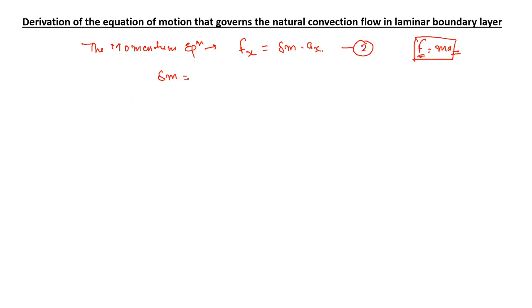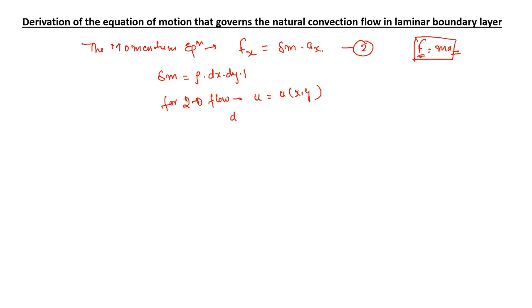Delta m is equal to density into volume, which is the elemental volume dx dot dy dot 1, for 2D flow. For 2D flow, we know the velocity in the x direction is a function of x and y.